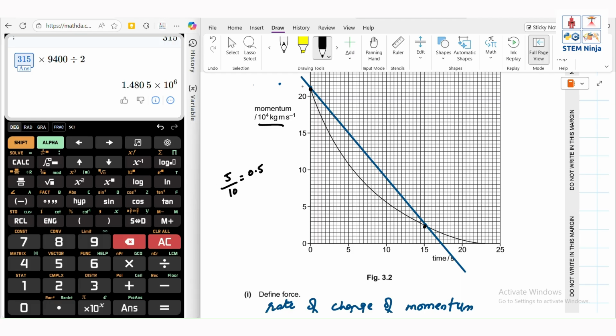So this means that this is going to be 21. And this value, this would be 2.5.